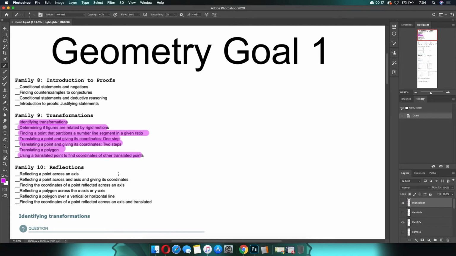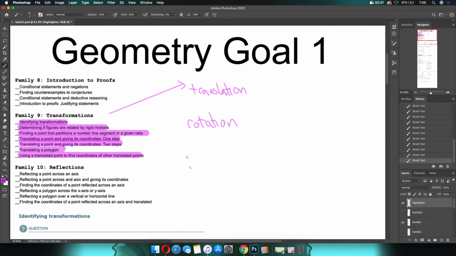Before I actually move into the topics, transformations is sort of a generic catch-all phrase, because there's 4 technically specific transformations that we talk about in geometry. There is translation, there is rotation, there is reflection, fancy that given the title of the next family, and then technically there's one called dilation.